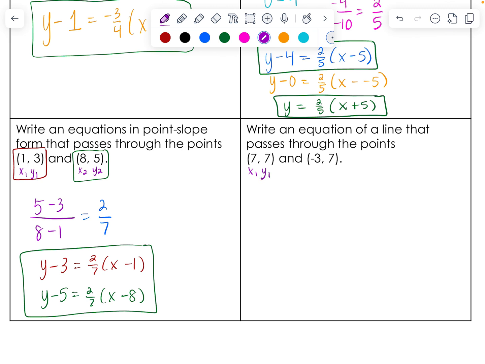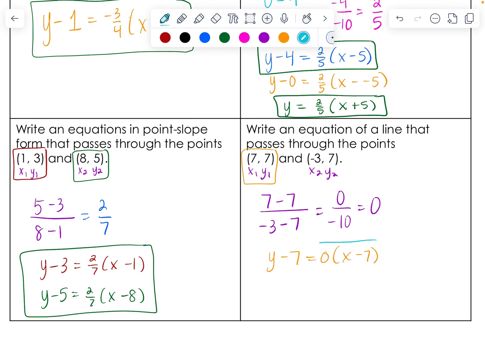Last example, x1, y1, x2, y2, y2 minus y1 over x2 minus x1. Well, here you're going to notice that I have 0 over negative 10, which is a slope of 0, okay? And so when I'm writing my equations, I'm going to substitute this in here, and it'll be y minus 7 equals 0 times x minus 7.